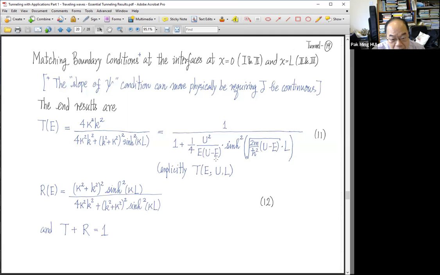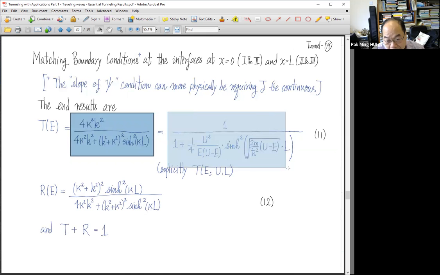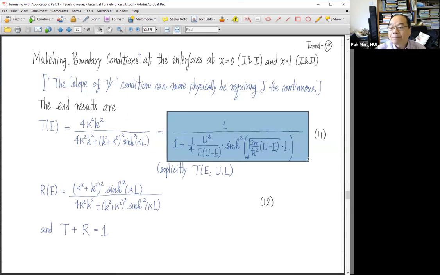So if you plug in the parameters of the problem, this expression becomes this formula. So this is the transmission coefficient. No approximation yet. We just solved the quantum mechanical problem.